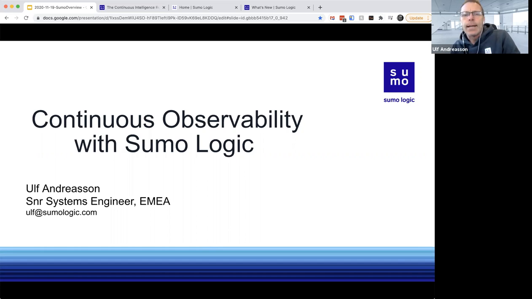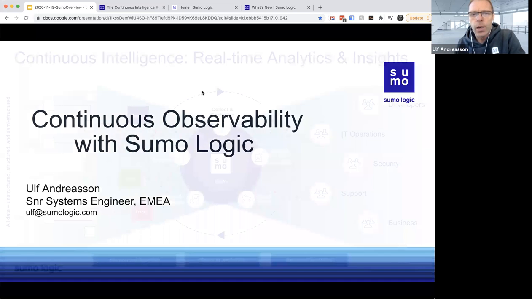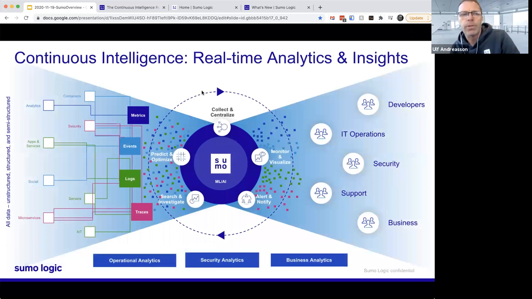So, just making sure that everyone is on the same page, what I wanted to share with you, which I hope most of you already know, is that Sumo Logic is a cloud-native SaaS service providing you a platform to handle all your intelligence about what happens within your IT environment.